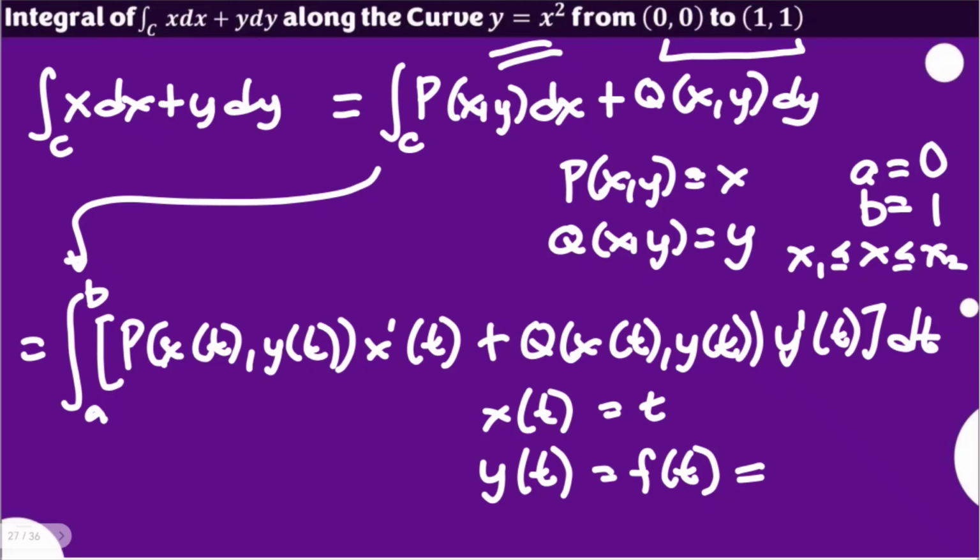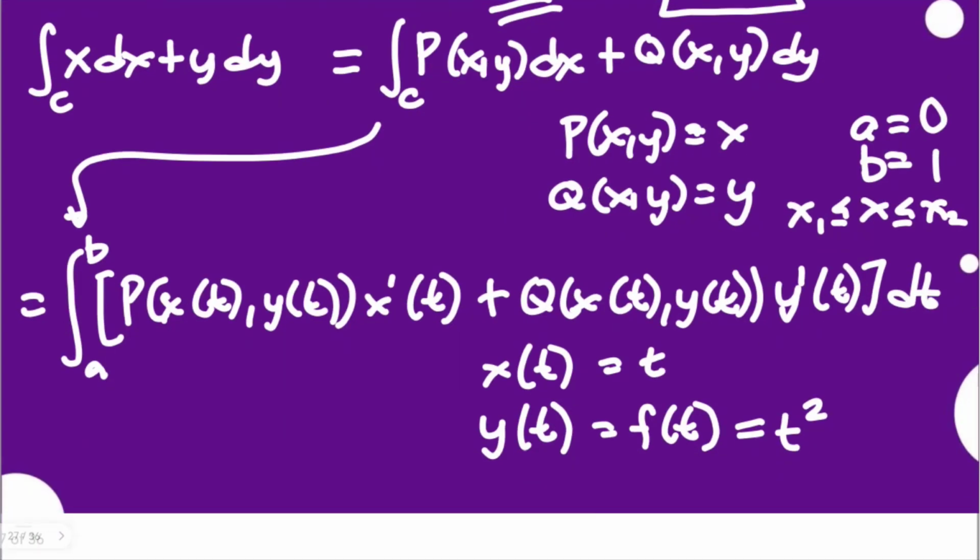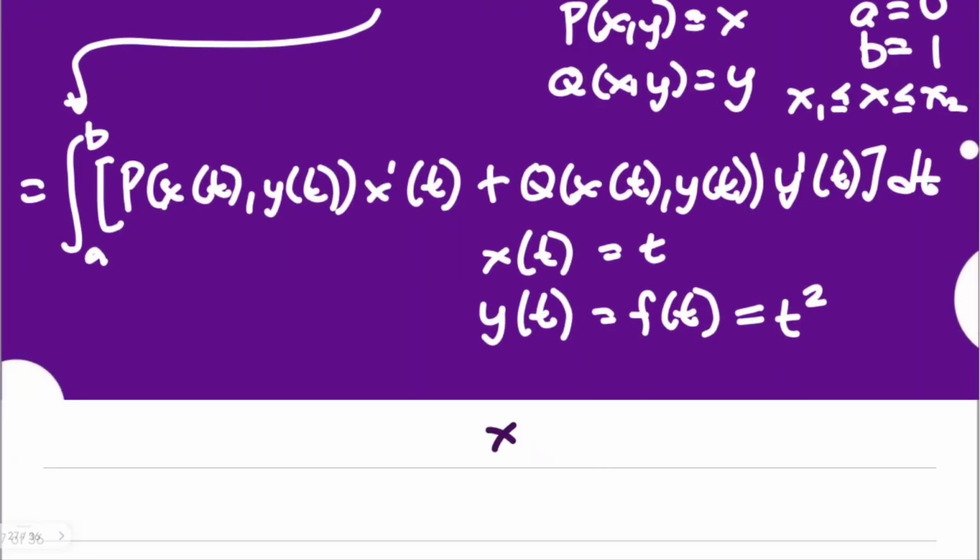Instead of x, it will become t squared because that is your function. Now, with that in mind, our first derivative for x of t is 1, derivative of t. As for our y prime of t, its derivative is 2t. So now all of these are identified.